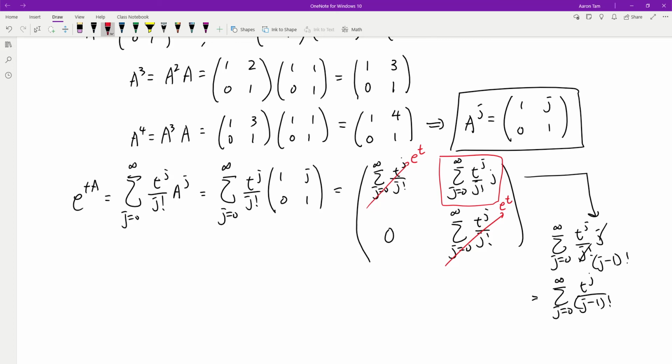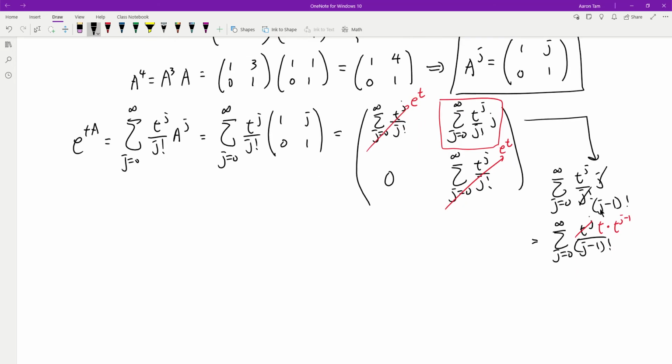I'm going to break down the t to the j as t times t to the j minus 1 power, and pull the t out of our summation. And I actually start my summation by discarding the first term, which doesn't make sense because I can't have negative 1 factorial.